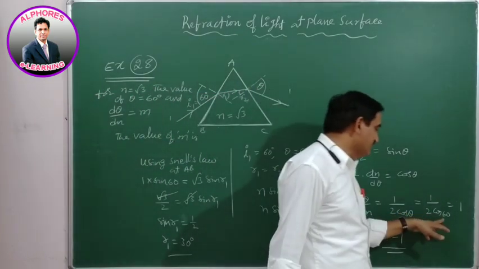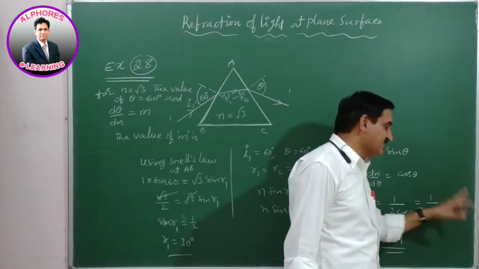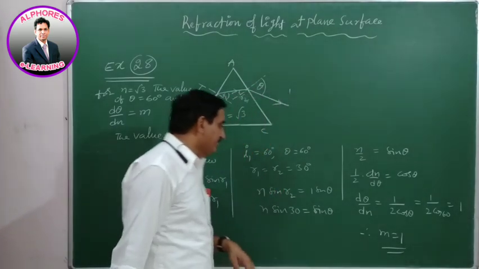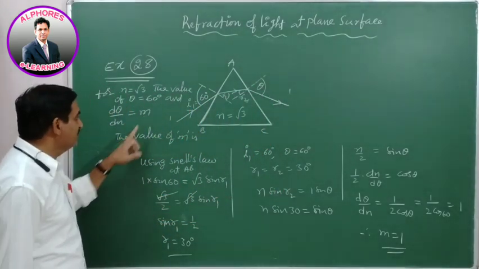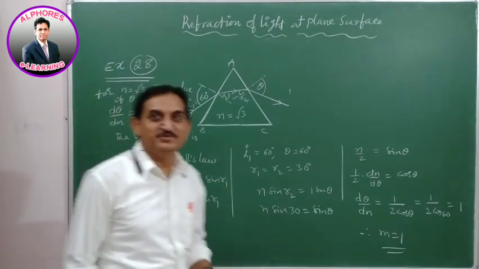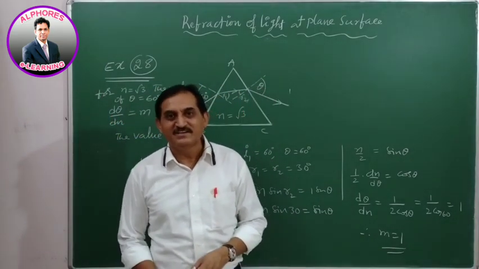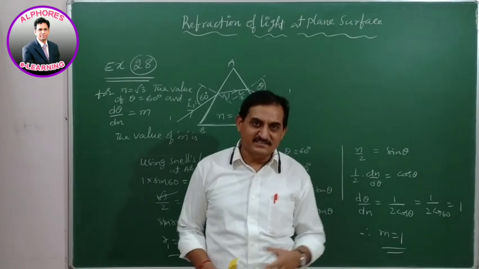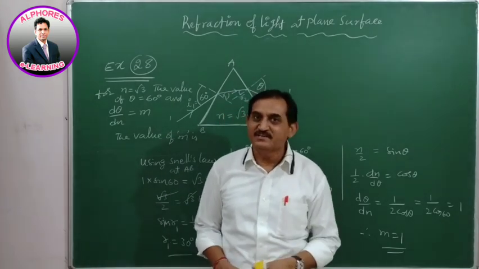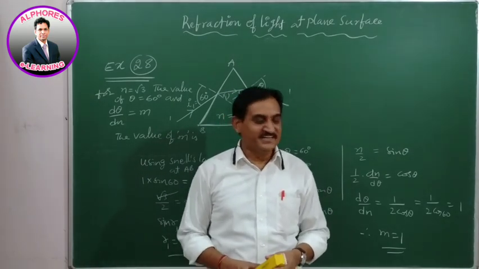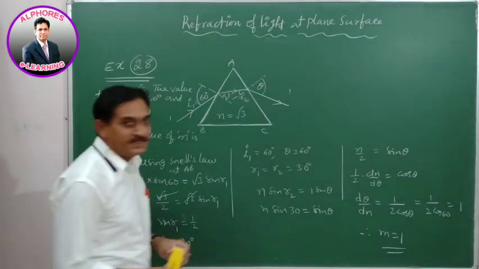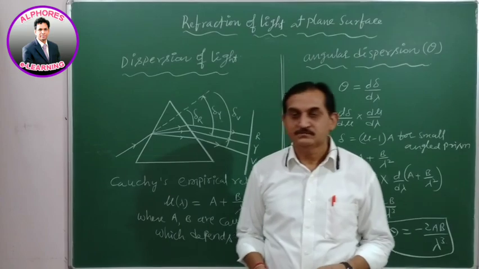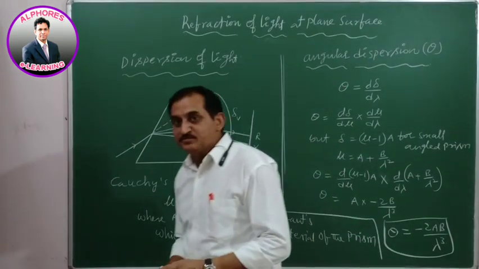By substituting, the 1 by 2 gets cancelled and will give 1. So d theta by dn is equal to m, and the m value is 1, unity. Finally the answer is that m value is 1. Let us move on.